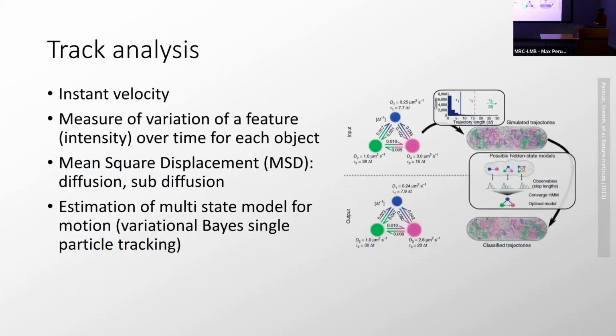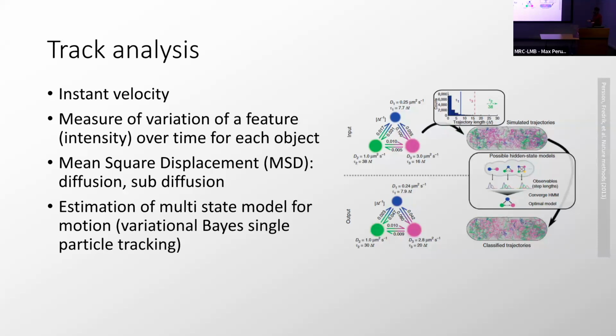And then, with these tracks, you can move on to analyzing and understanding what kind of information you have. For example, you can measure instantaneous velocity. You can measure simply the variation of a feature, such as intensity, over time for each object. You can compute the mean square displacement to get an idea of diffusion, subdiffusion or active transport, with different kinds of mean square displacement curves.